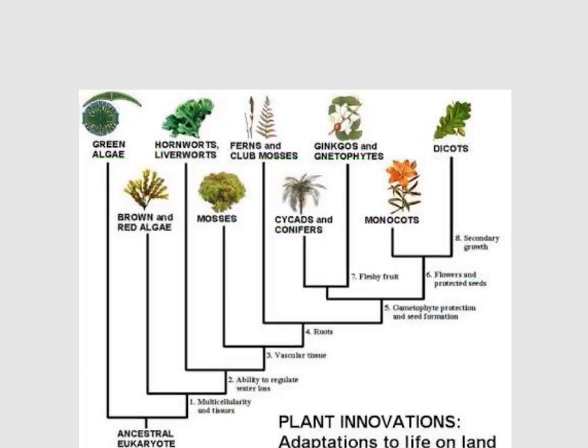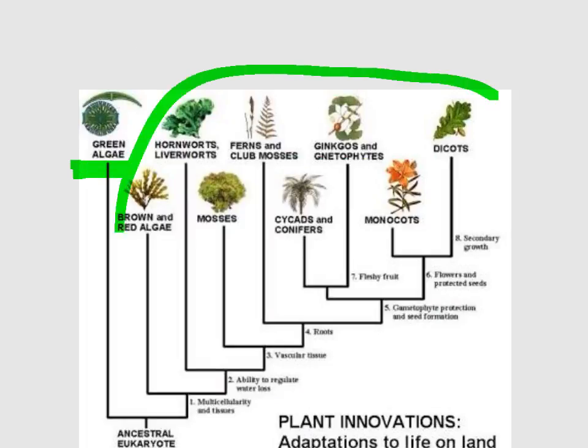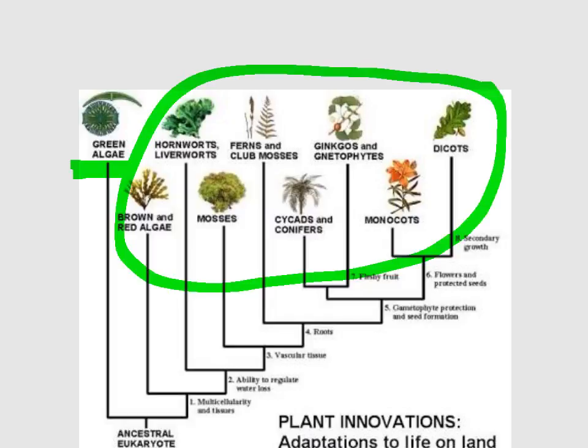Probably some of you may be asking what the difference is between a green algae, a protist organism that performs photosynthesis, and the rest of the organisms which are considered plants. As you may know, both perform photosynthesis, which is the process that plants and algae use to produce their own food.